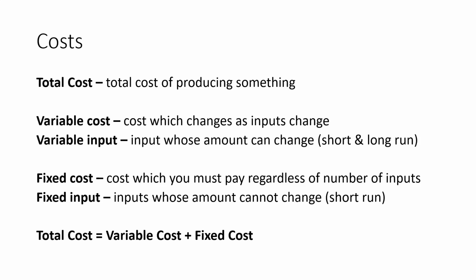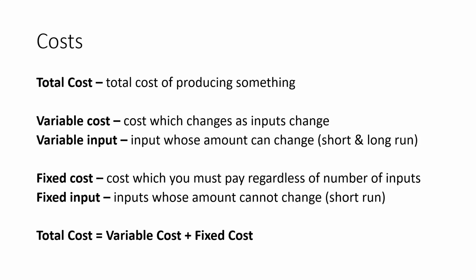Old MacDonald had a variable input of fertilizer. She could change the amount of fertilizer she had, but she had a fixed input that was land. She couldn't change the amount of land she had. If she had 10 acres, she had 10 acres. And she had to pay for those 10 acres whether she farmed them or not.